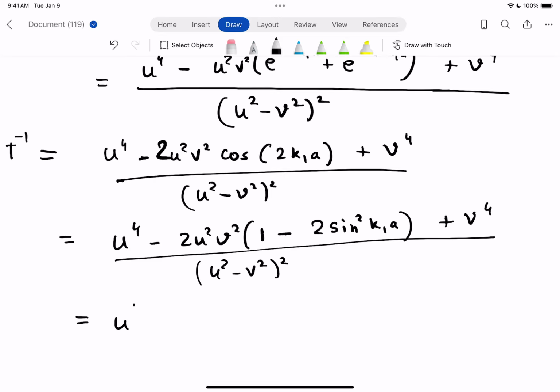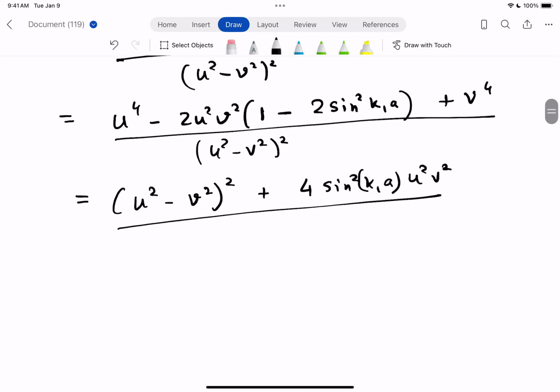So this is u to the power of 4 minus 2u square v square plus v to the power of 4. So that's u square minus v square whole squared, right? Plus 4 sine square k1a times u square v square.